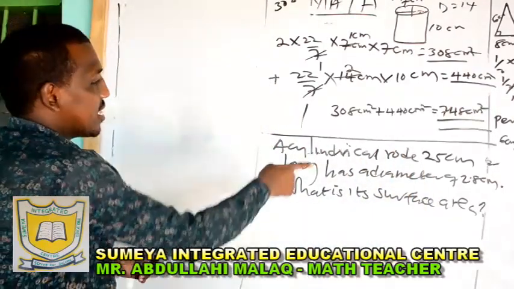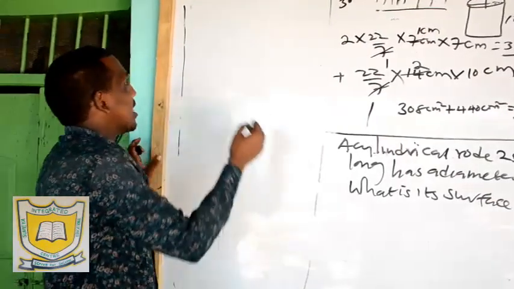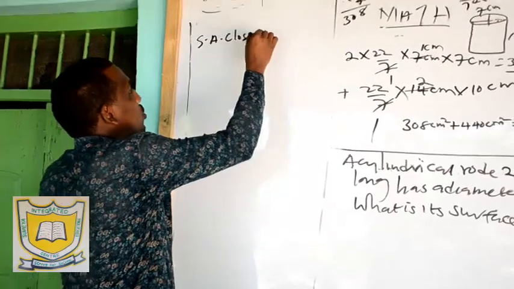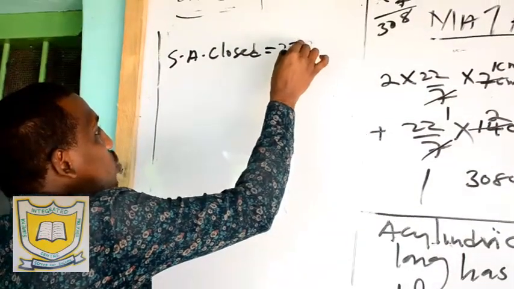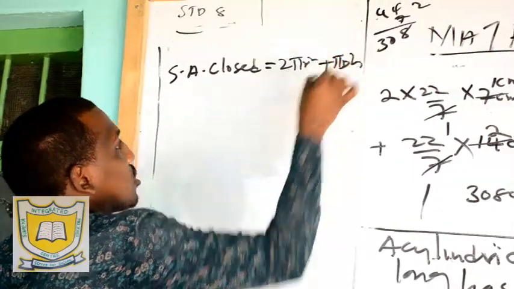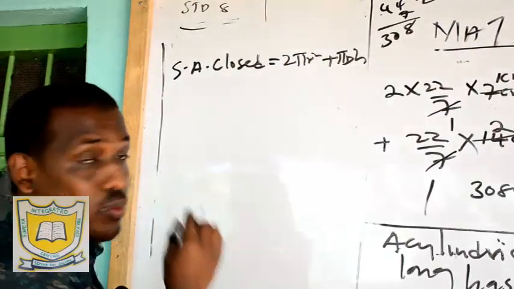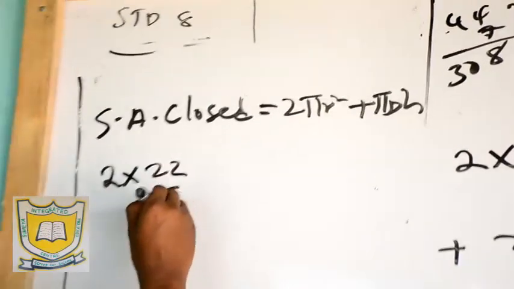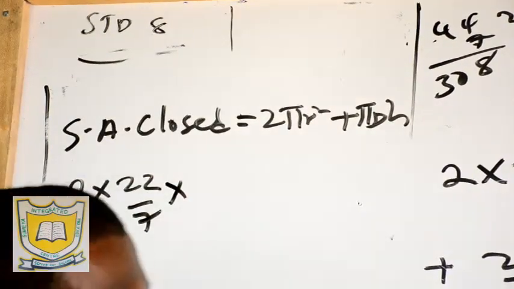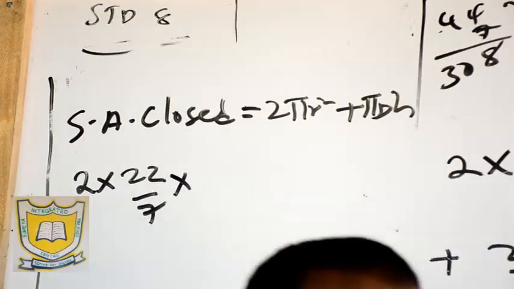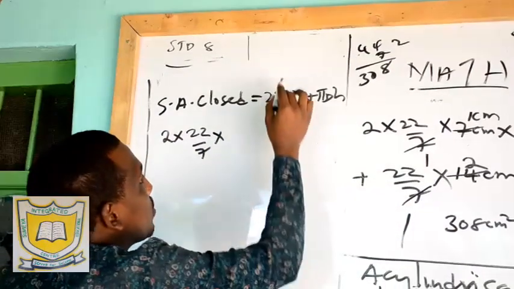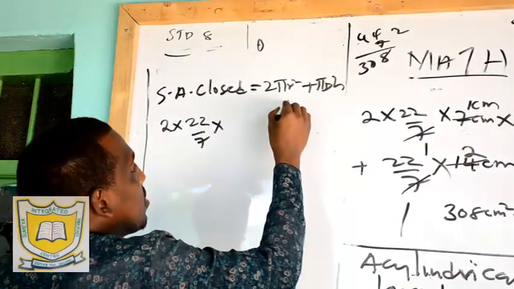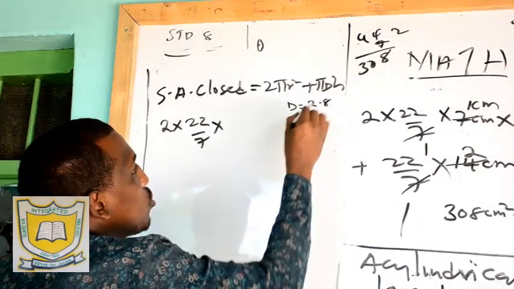So now, it's a cylinder. Let's say the surface area of a closed cylinder is equal to 2πr² + πdh. The issue is to cram the formula. 2 times 22/7 times r, the radius. But you are told here the diameter is 2.8 centimeter.